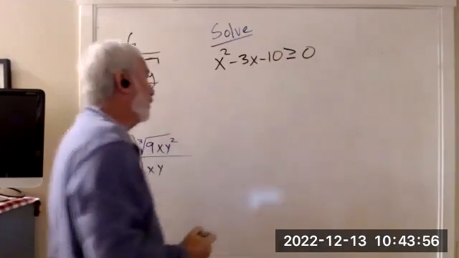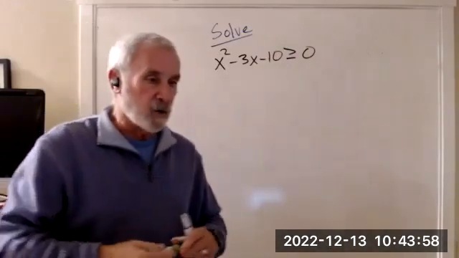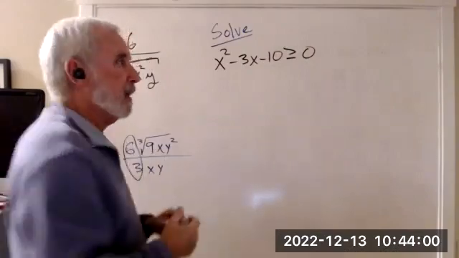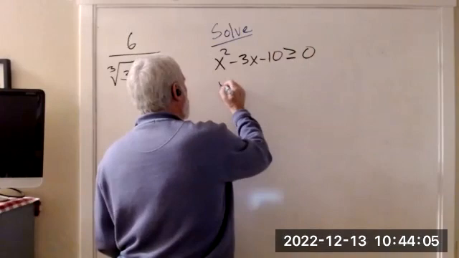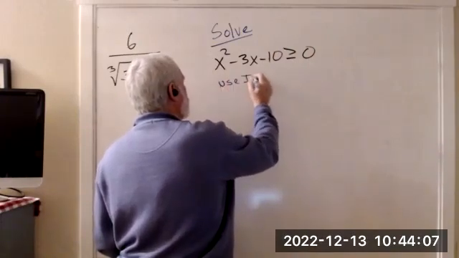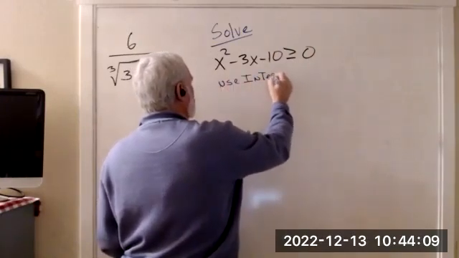X squared minus 3x minus 10 is greater than or equal to 0. And I think I give you a hint on the test. I say you must use interval testing.